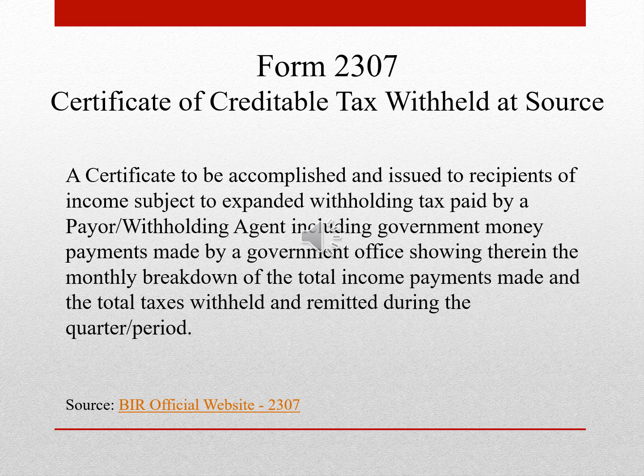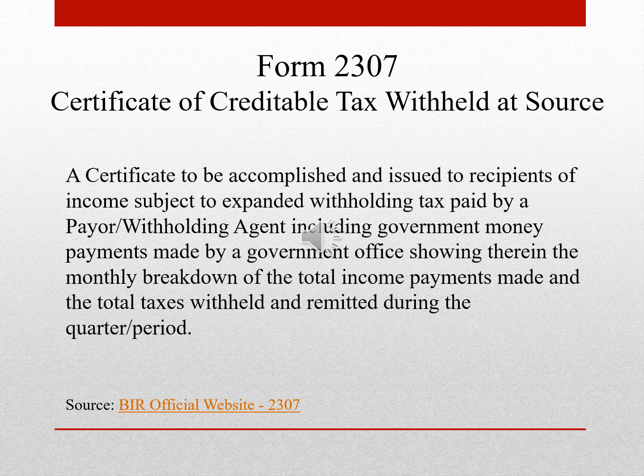So Form 2307 will be very useful for taxpayers in understanding, at the end of a reporting period, so the reporting period is quarterly or annually, what would be your net tax due, whether it is in percentage tax, in VAT, or in income tax due to the government or due to the BIR.